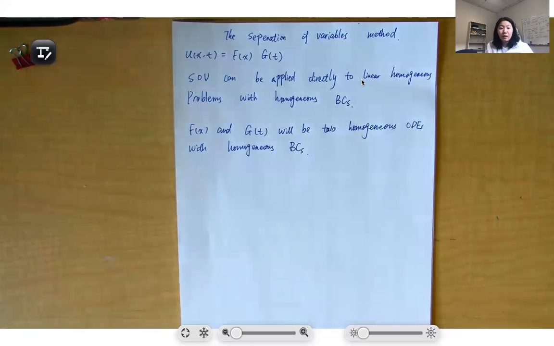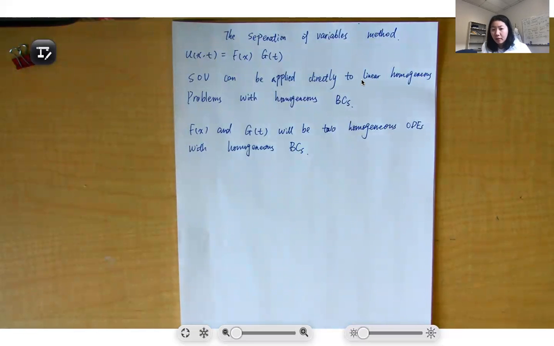So it goes from the PDE transferred to the ODE, and it will be a homogeneous ODE with homogeneous boundary conditions, and you can solve it by the traditional means of ODEs we introduced before.